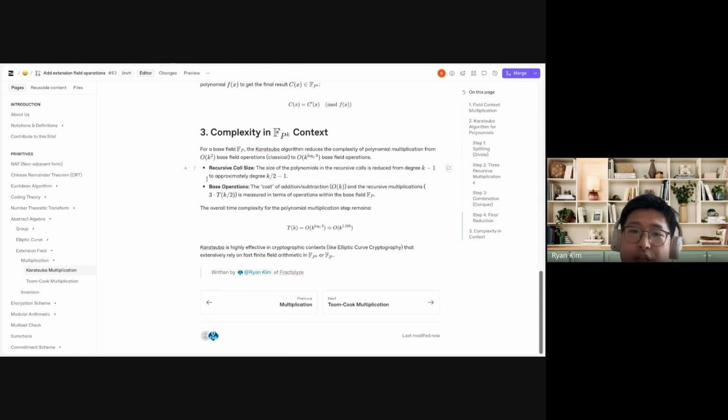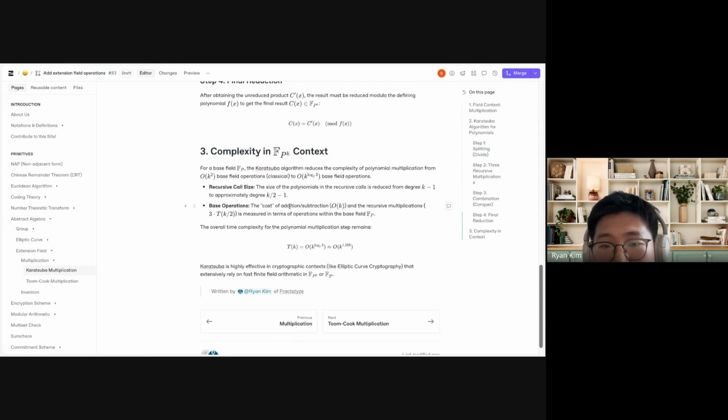Recursively it reduces the degree of the polynomial from k minus 1 to k over 2 minus 1. The cost of addition and subtraction is proportional to the number of coefficients, which is k, but the multiplication complexity is reduced to 3 times T of k over 2. So the overall time complexity is something like this.